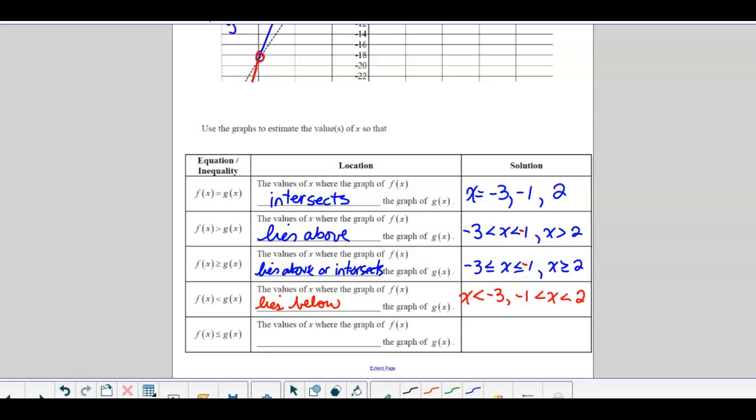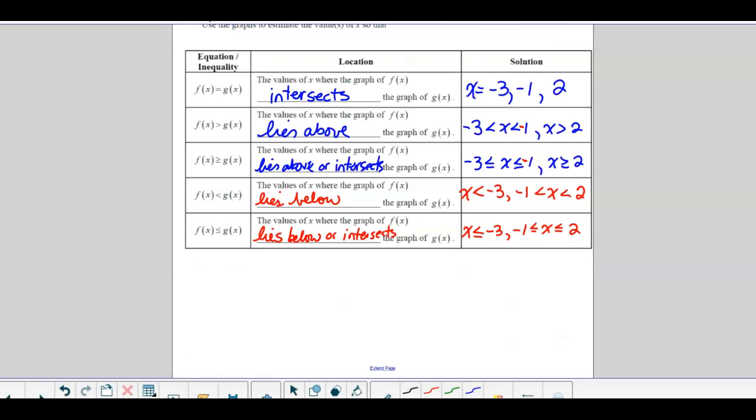And then lies below, or intersects, then you just include the equal sign. Okay, so flip over. You're going to have to flip your book.